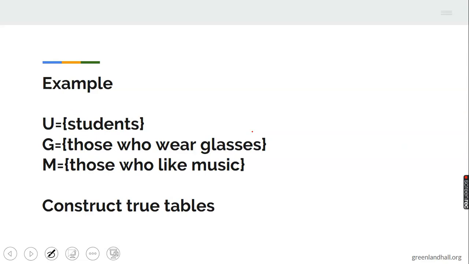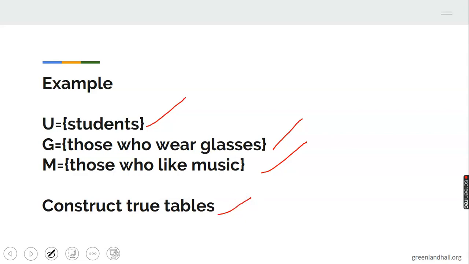Example. Let the universal set be students in a school. Those who wear glasses, G, and those who like music, M. Now construct the truth table.